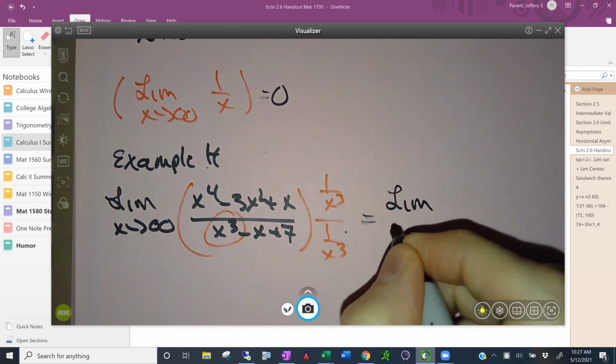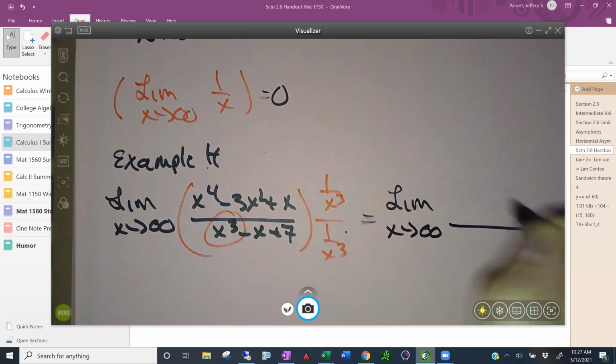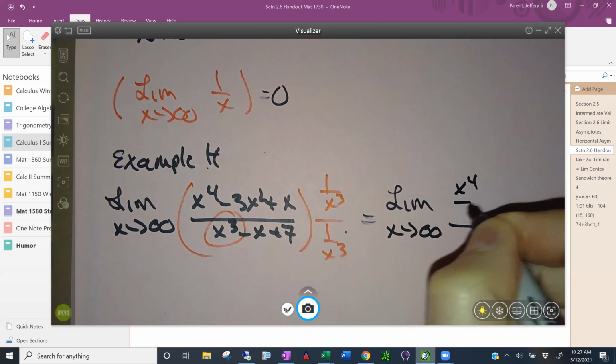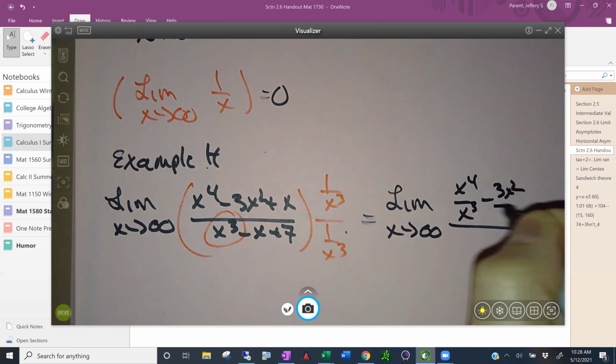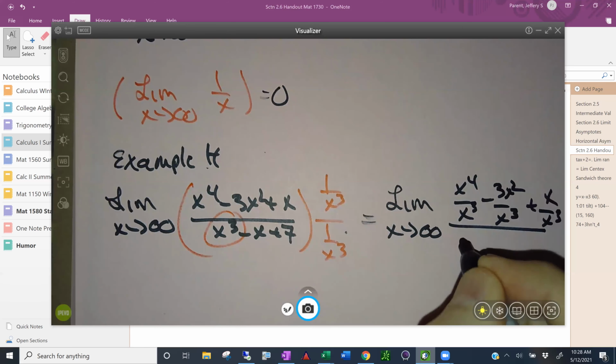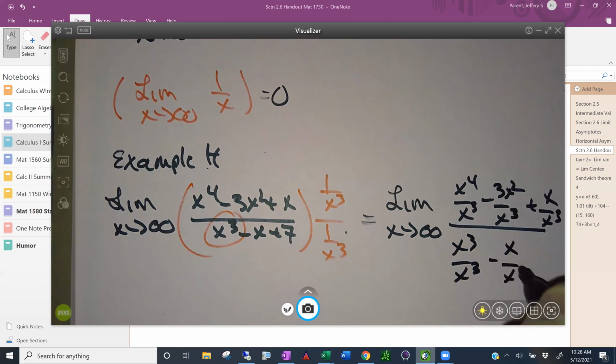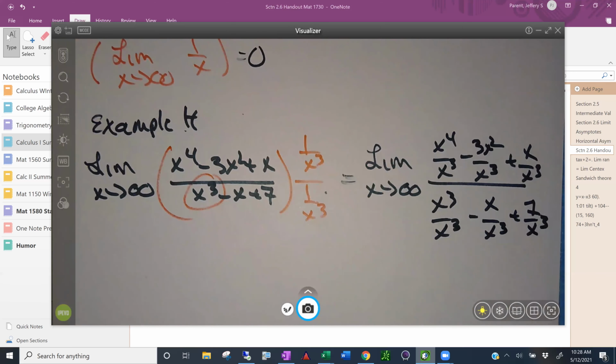It's the limit as x approaches infinity of x to the fourth over x cubed minus 3x squared over x cubed plus x over x cubed, over x cubed minus x over x cubed plus 7 over x cubed. So I don't know if you need to show this step for yourself.